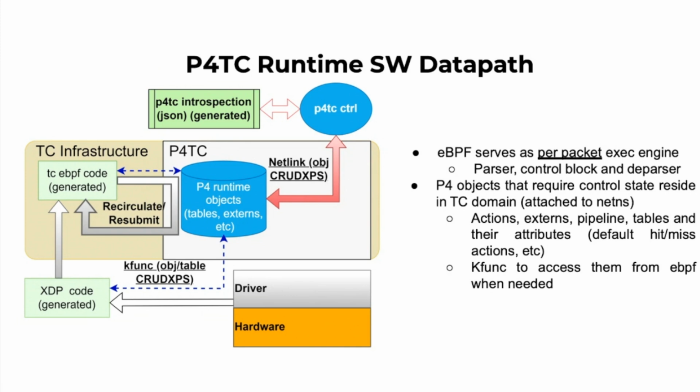Then the control block code is instantiated, which is going to do whatever your pipeline specifies. If you would have noticed, your table information resides here. So while implementing the control block, anything that your eBPF code needs, it's going to request from the TC domain. It does this using kfuncs, or kernel functions.